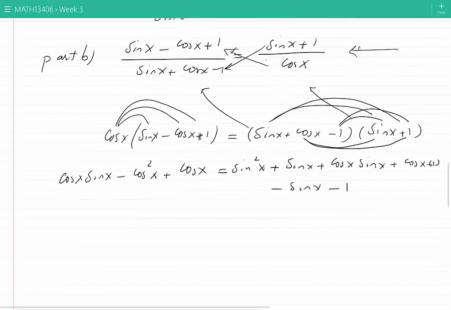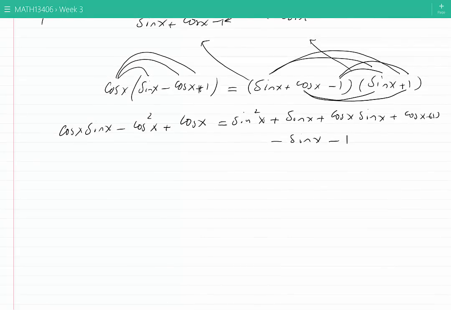Now I see that I can simplify cos x times sin x from both sides of this equation. Also cos x and cos x. Sin x minus sin x would be 0. We are left with minus cos squared of x on the left hand side of this equation, and on the right hand side with sin squared of x minus 1.